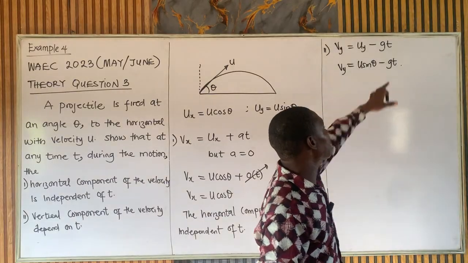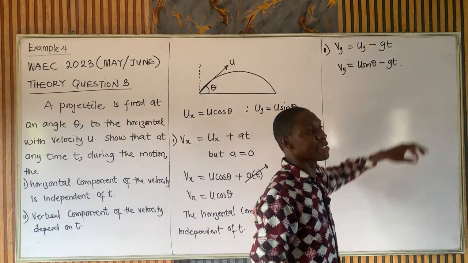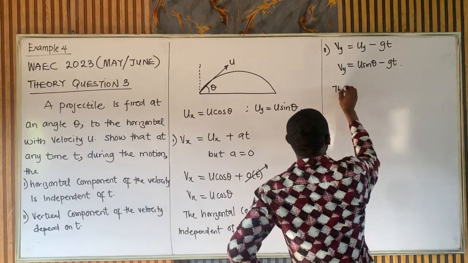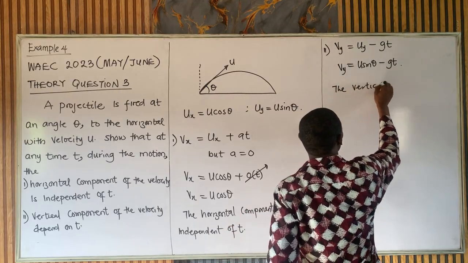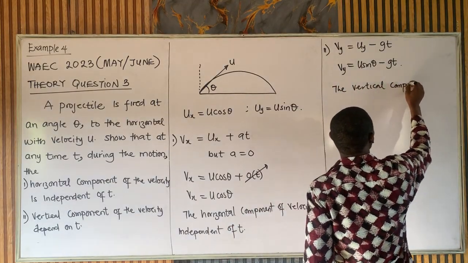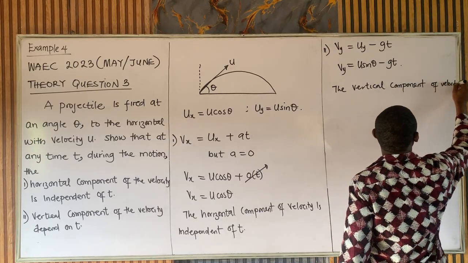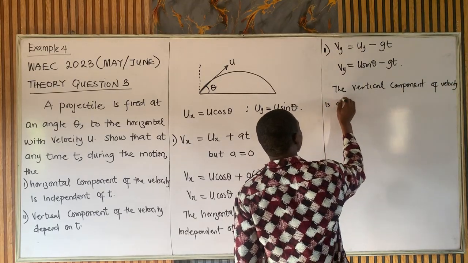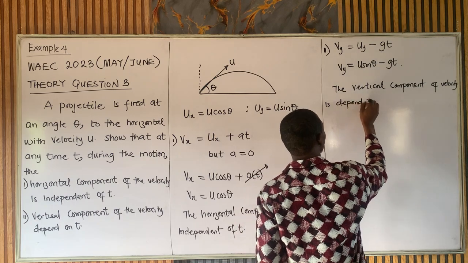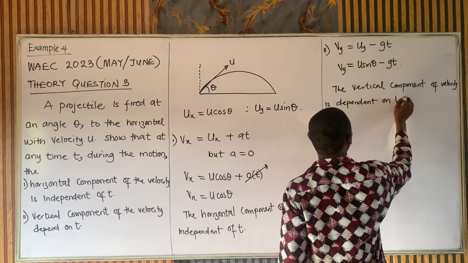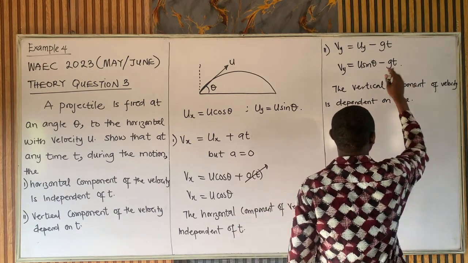Now, this is dependent on t because the equation has t in it. So the vertical component of velocity is dependent on time since it has t in it.